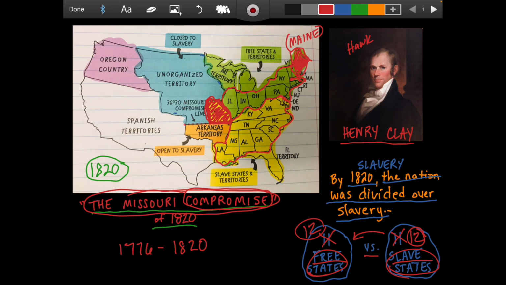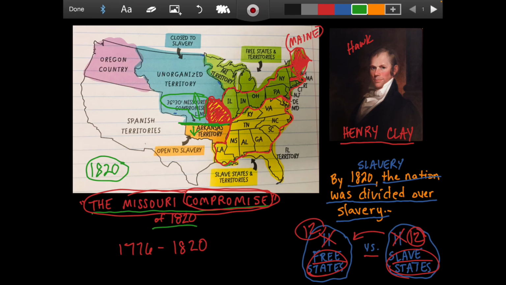So an agreement was made that there would be a line drawn at the lower border of Missouri going west. This was called the 36°30′ Missouri Compromise Line. And the idea was that any states to the south of the line that developed would be open to slavery, and any states to the north of that line would be closed to slavery.